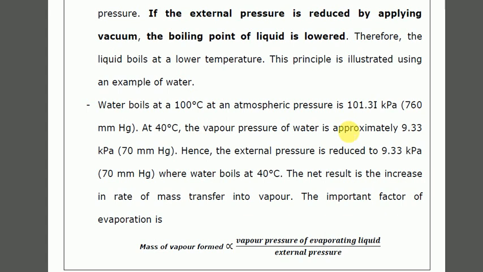So if vapor pressure is 9.33, atmospheric pressure would be again 9.33. Okay. So the water will boil at 40 degrees Celsius. Fine. So ultimately there would be an increase in mass transfer into vapor. Mass transfer means what? The liquid will pass into the vapor phase.